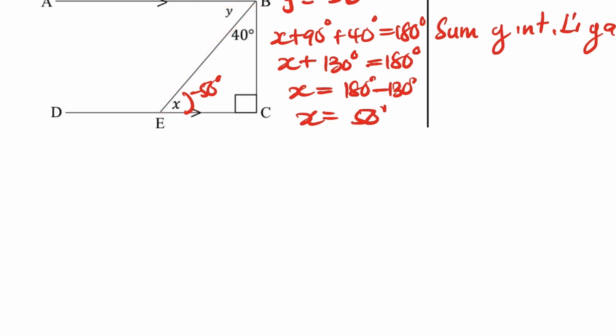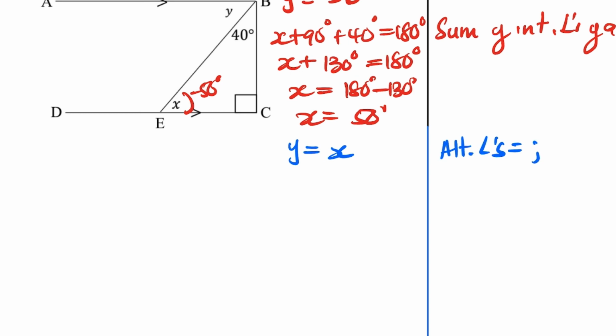I'll say y is equal to x. And the reason for that, I'll say it's alternating angles are equal because line AB is parallel to line CD. Then, since we have x, our x is 50. So our y is also 50 because they're alternating angles.